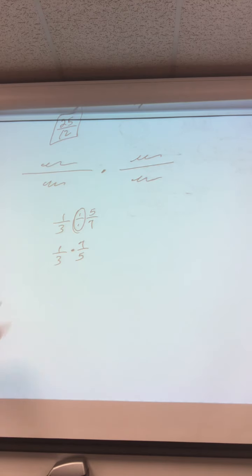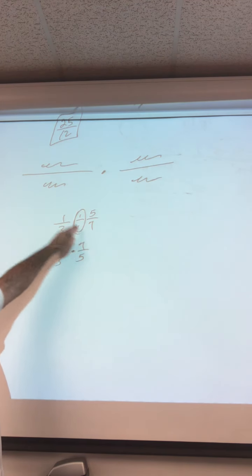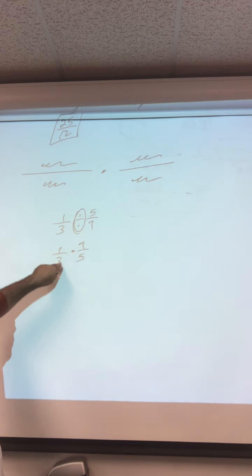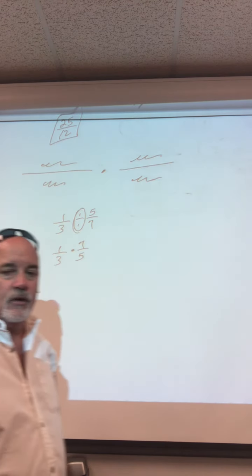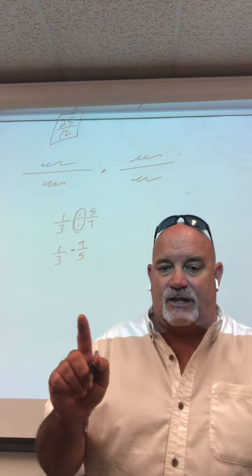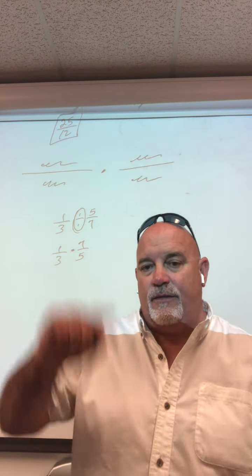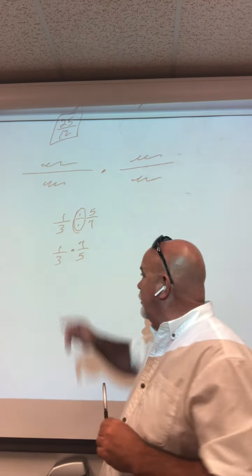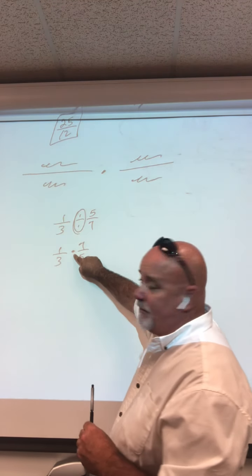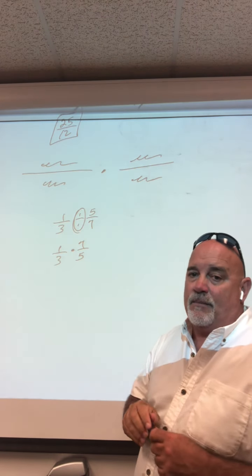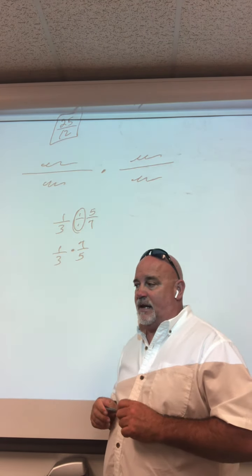Then you cross-cancel. But you don't cross-cancel from the original division. You have to rewrite it like this before you cross-cancel. I'll show you what I mean by this in an example in just a minute.